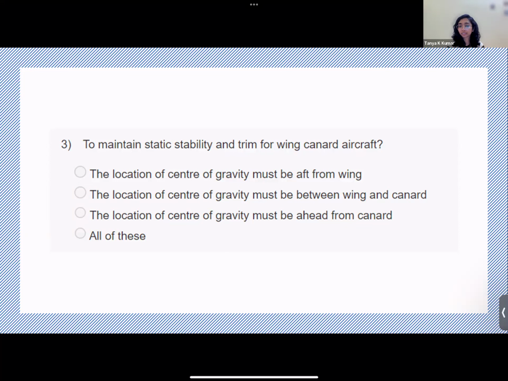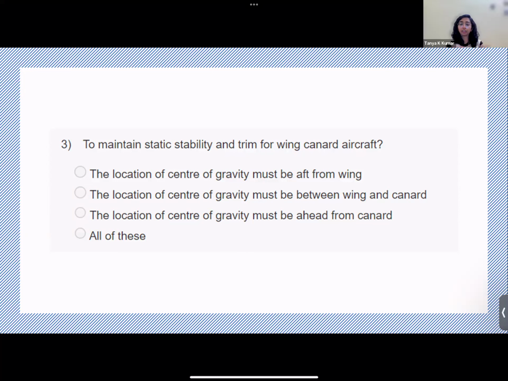What is a canard? A horizontal tail before the wings.